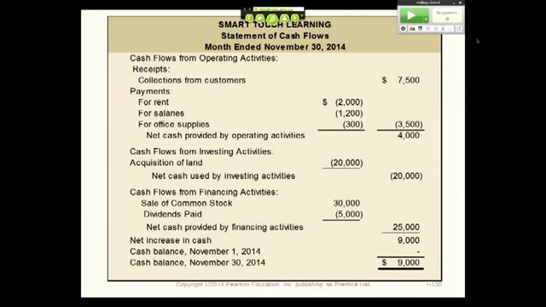But when you want to prepare the cash flow statement and understand it, use this example. Because the cash comes in on the sale of $5,500, that's transaction 4, and then they collect $2,000 in transaction 8. That $5,500 and the $2,000 is what gives you, going back to the statement, the $7,500 in cash from customers.